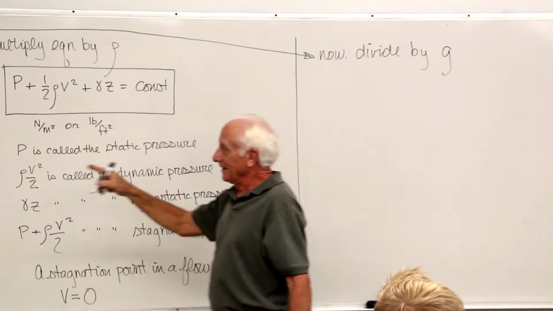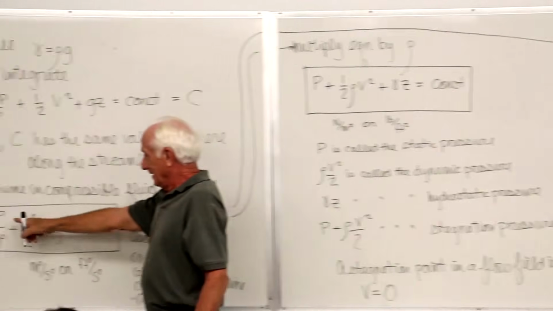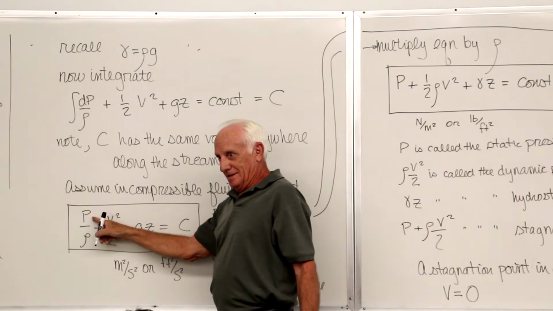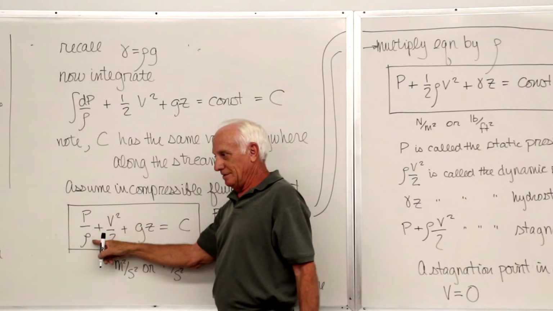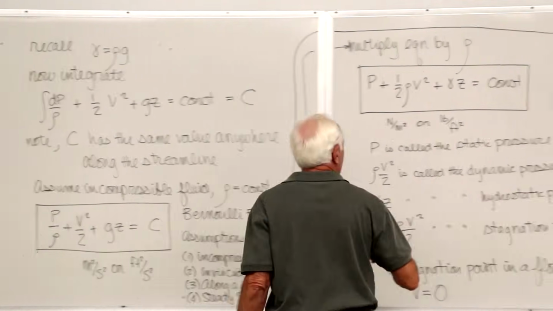Okay, there it is. Divide by g: P divided by rho g. Oh, rho g's gamma. Let's go again.